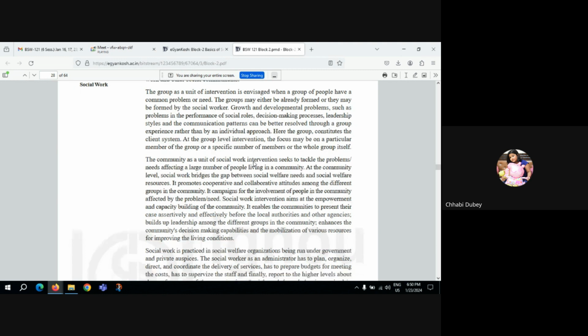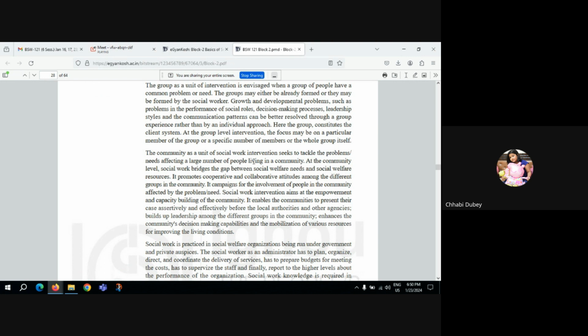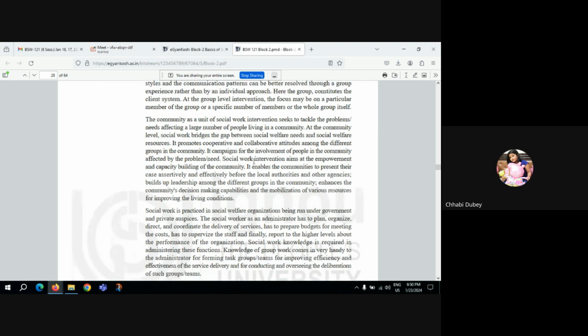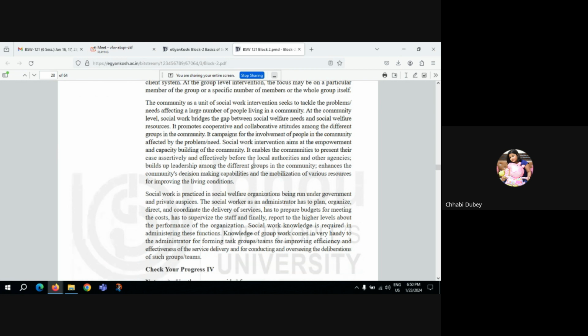Now, social work generally is practiced in social welfare organizations, which can be under the government or under private concerns. Social workers also have to work as administrators, where they carry out the work of planning, organizing, directing, and coordinating the delivery of services. They have to prepare budgets and carry out other financial work.